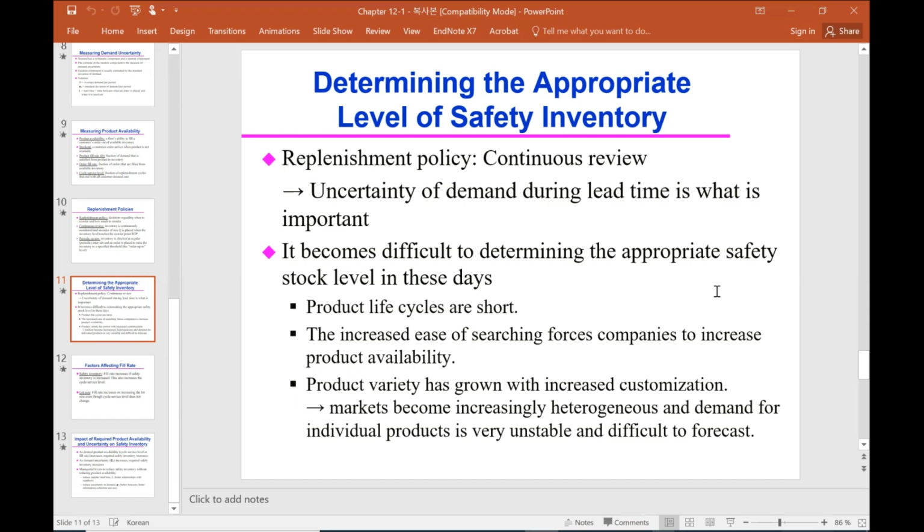Because the product life cycle is getting shorter and shorter, and also because of the internet, it's so easy to search for products. So companies are forced to increase product availability, and the different kinds of products are quite numerous. Customers also want customized products. So we need to have enough safety stock, but it is still very dangerous to have too much safety stock. Okay, so that's why we have some problems here. So what shall we do?